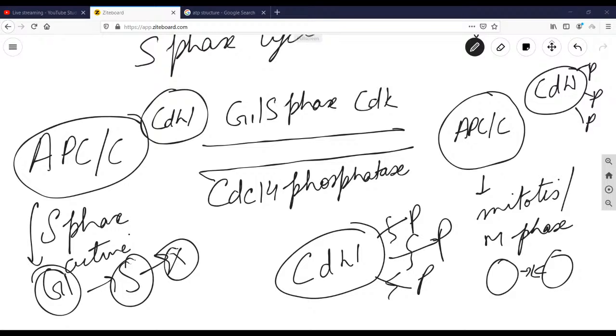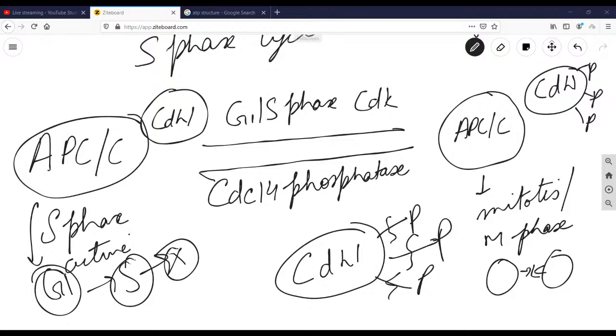Now, we have a great control over mitotic cyclin, which is known as the G2 to M phase transition. When you have entered G2, you need to activate the mitotic cyclin, and then you can go to the M phase or mitosis phase.